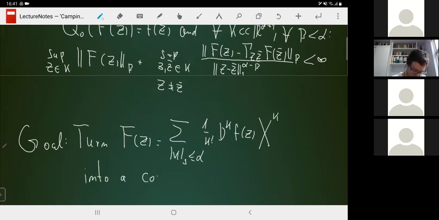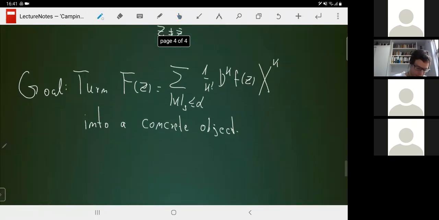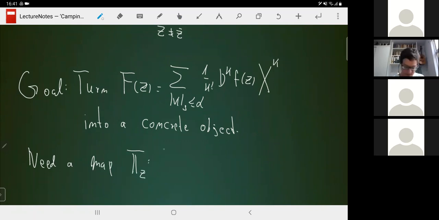What we need is the following. We need a map that we will denote by pi z, that goes from the regularity structure and, in the general case, it may not spit out a function, but maybe a distribution, a Schwartz distribution.